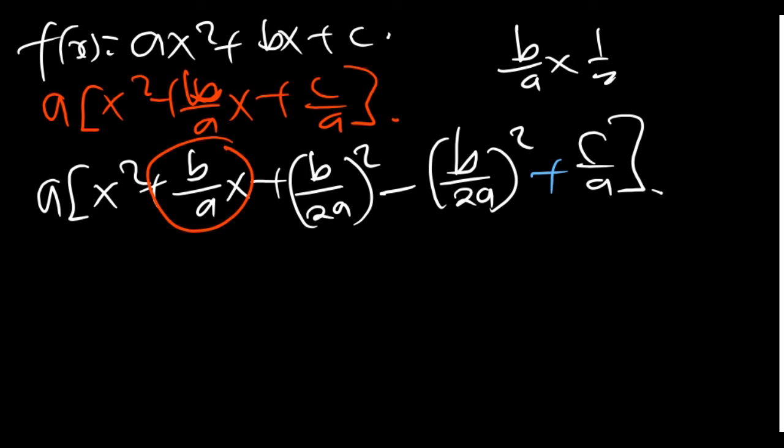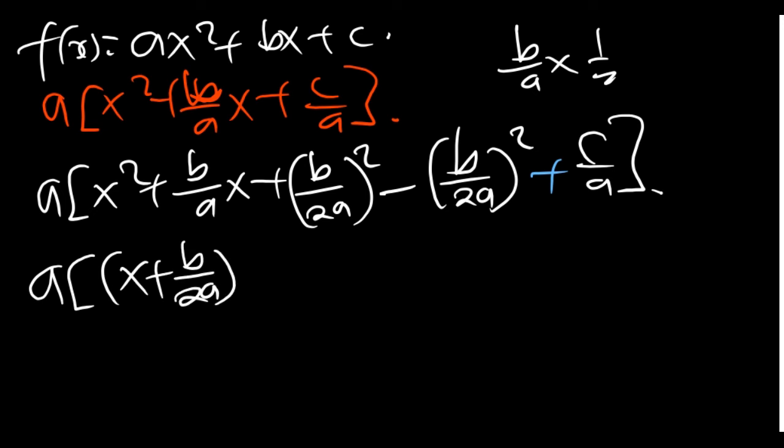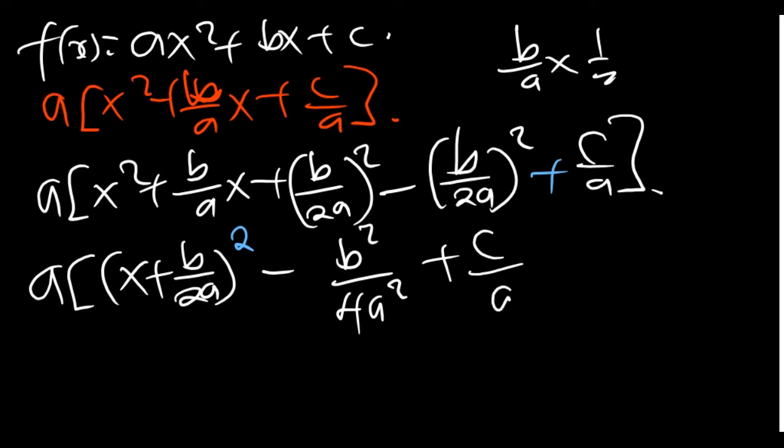Since this is squared and this is also squared, it can be written in this form: a, x plus b over 2a, squared. I have not changed anything. So I'm going to say minus, and b times b gives us b squared, then this gives us 4a squared, plus c over a.